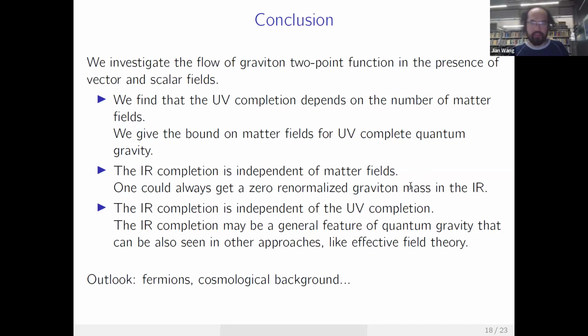Secondly, we found that the infrared completion of the theory is independent of the matter fields. By analyzing the scaling property of the RG trajectories around the infrared fixed point, we can see that one could always get a zero renormalized graviton mass in the infrared, for any number of matter fields.